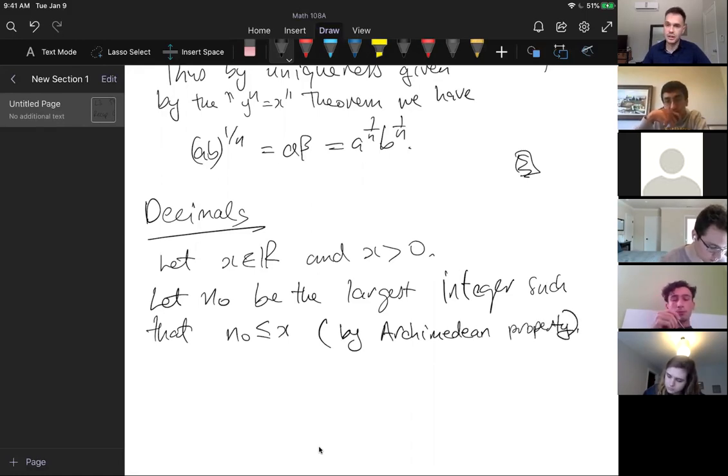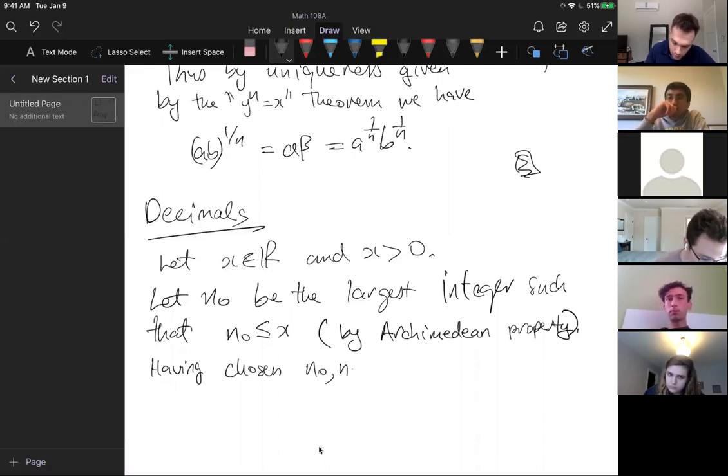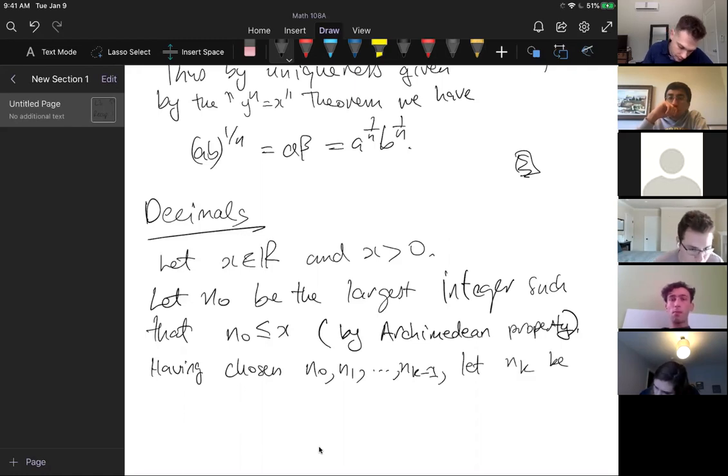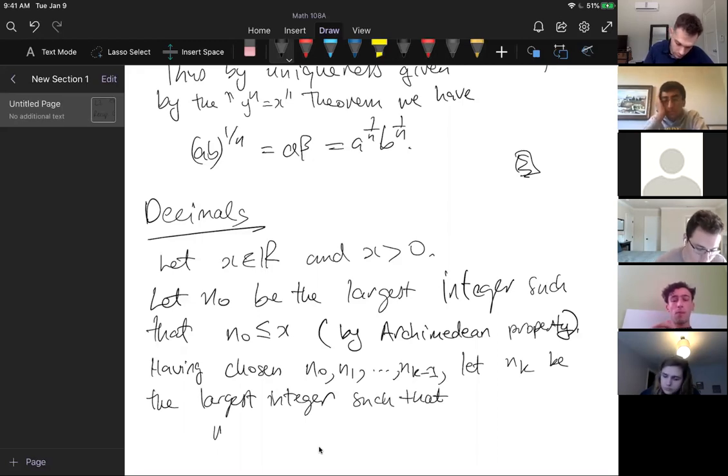And so then it's going to be an inductive process. Having chosen the first k of them, so n0, n1, up to n_{k-1}, I'm going to let nk be the largest integer such that this inequality holds.